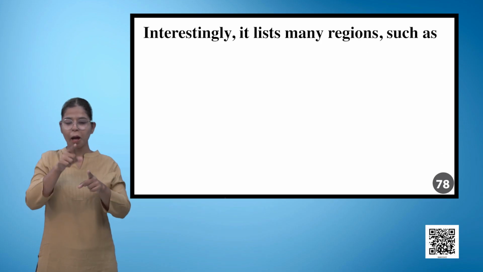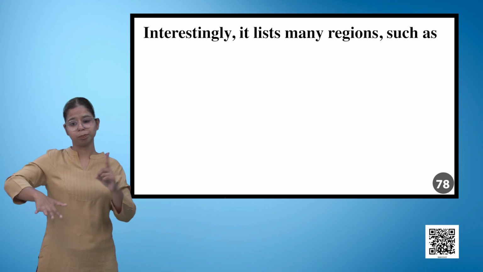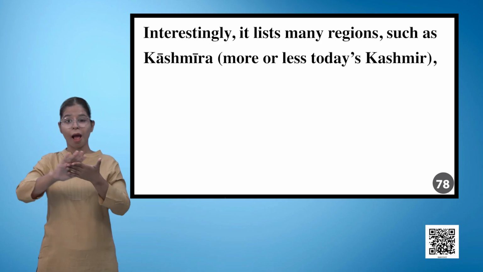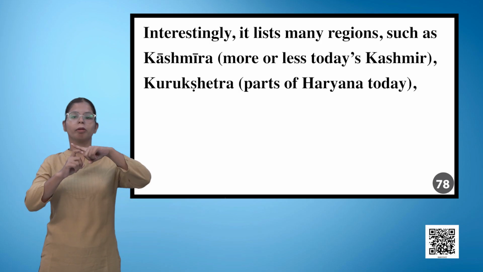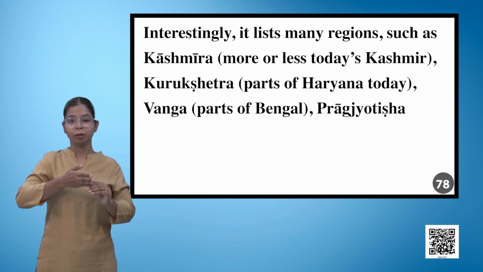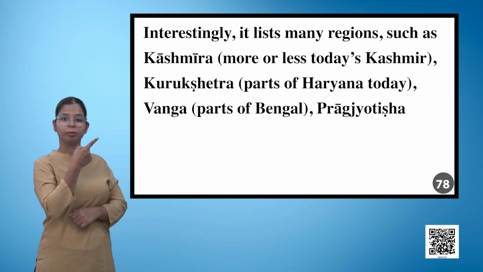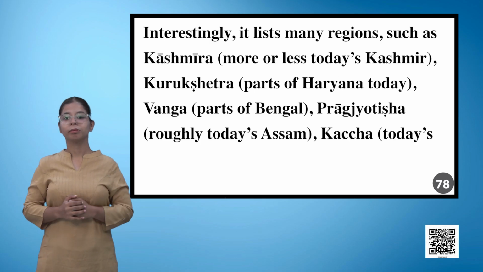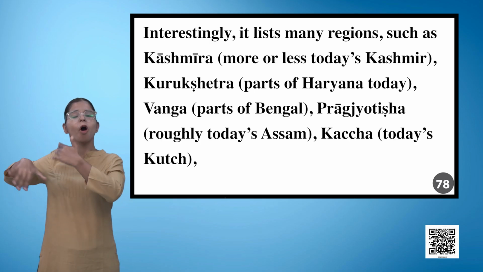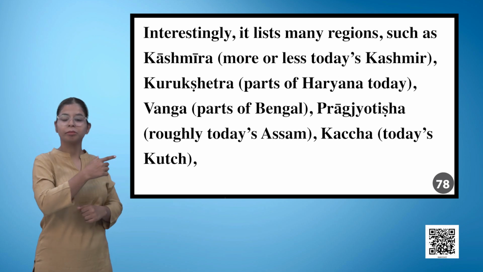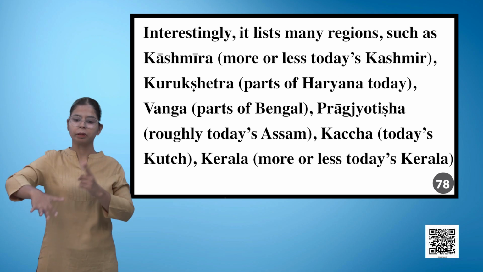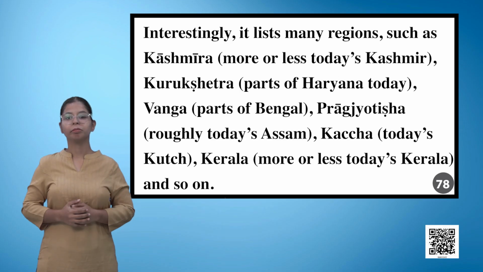Interestingly, it lists many regions such as Kashmira, more or less today's Kashmir, Kurukshetra, parts of Haryana today, Vang, parts of Bengal, Pragyotisha, roughly today's Assam, Kutch, today's Kutch, Kerala, more or less today's Kerala, and so on.